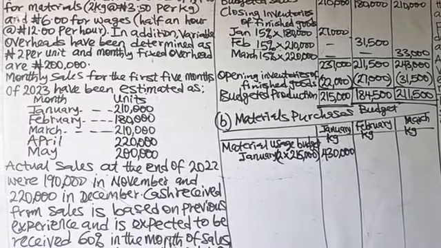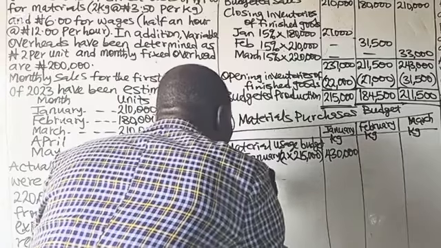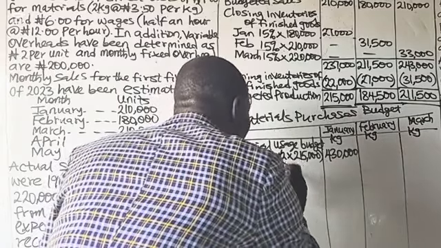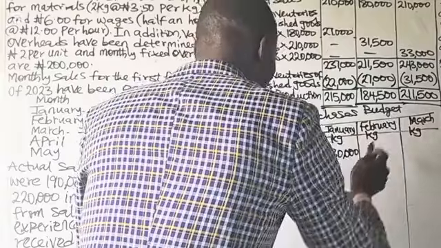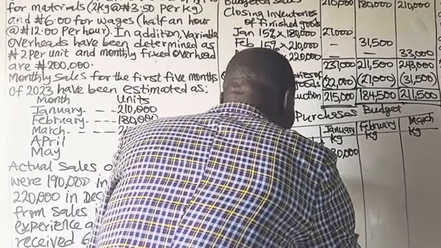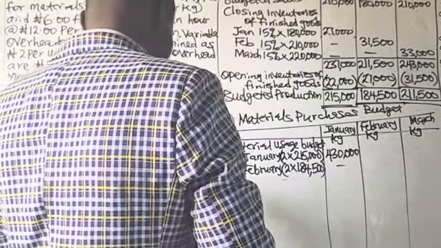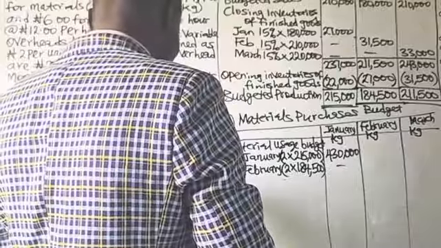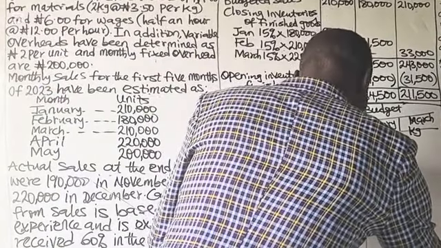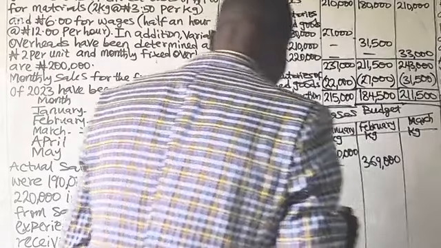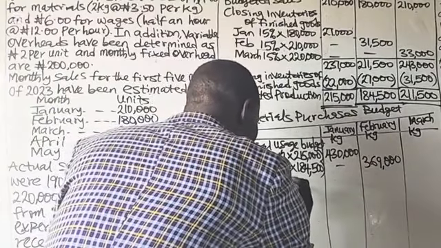And the material usage in the month of February: the level of usage is 2 kg, 2 times the budgeted production in February, which is 184,500. 2 times 184,500, then you have 369,000 kg.